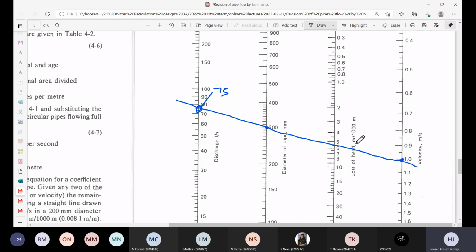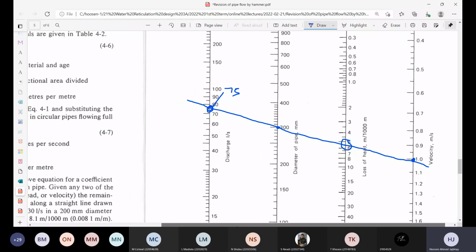So for every 1,000 meters of pipeline, I'll expect a head loss of 6.5 meters. That's how you read off this nomograph, and that's what the example is simply illustrating.